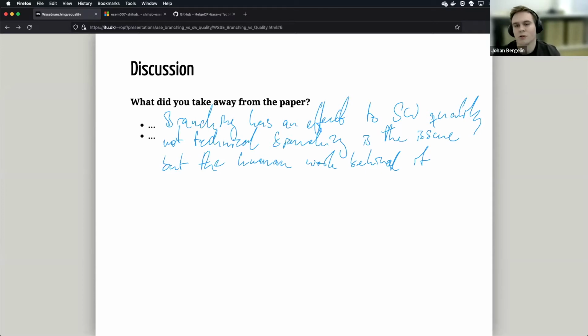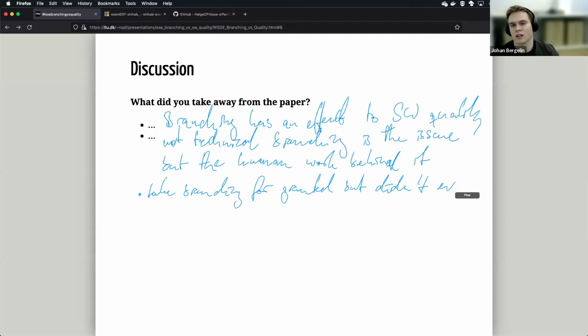And then when they evaluated, they of course found that this has a very big impact on the quality, how we branch and different ways of branching. So I find it quite interesting that for something kind of taken for granted, there was such a huge difference once they actually made some effort to analyze it.